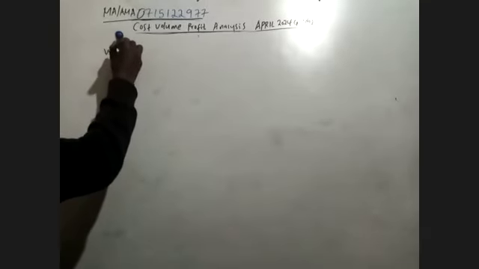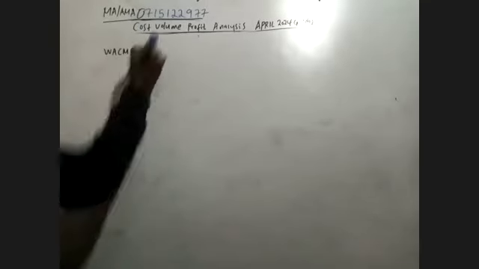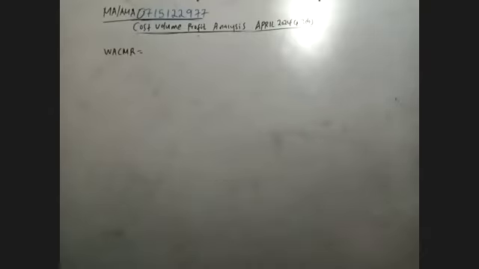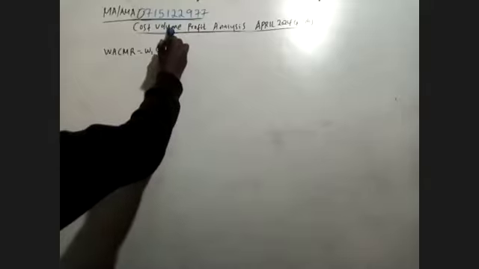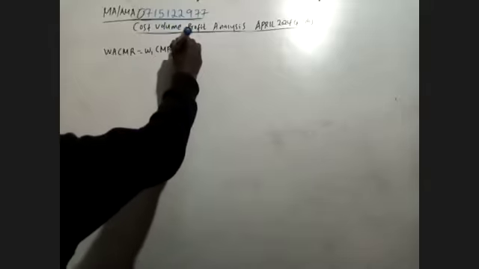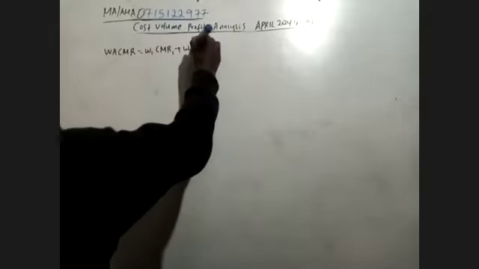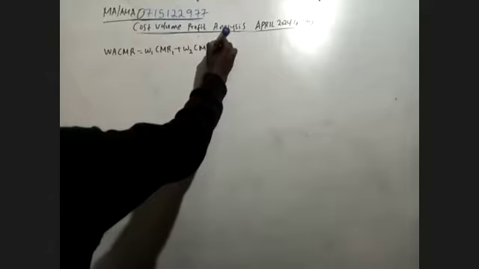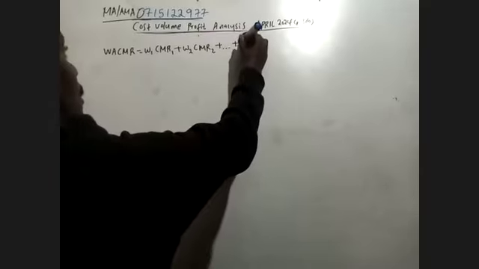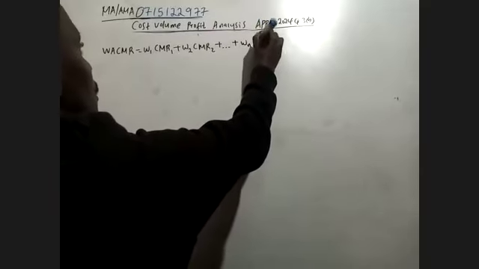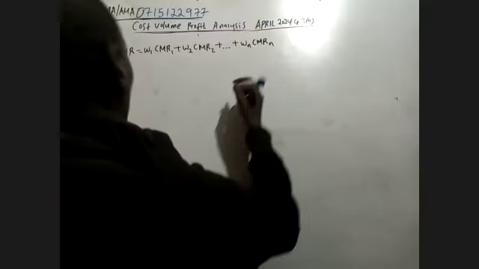So weighted average contribution margin ratio itakuwa ni weight of 1 times CMR of 1, plus weight of 2 times CMR of 2, plus up to weight of N times CMR of N.